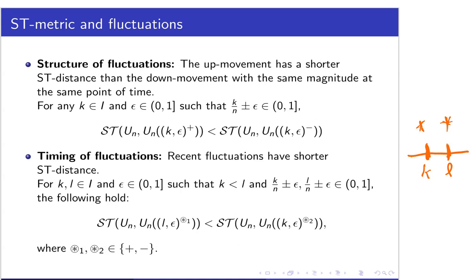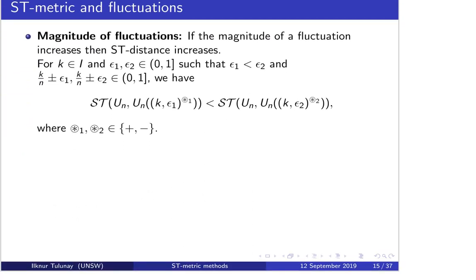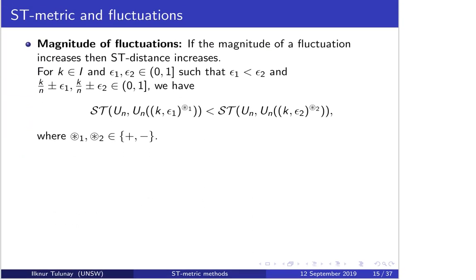So the structure, going up or down, differs in the ST metric. The timing differs. And the magnitude of the fluctuations differs as well. If epsilon 1 and epsilon 2 are two different magnitudes at exactly the same point, one smaller and one larger, it will give you a different ST metric.